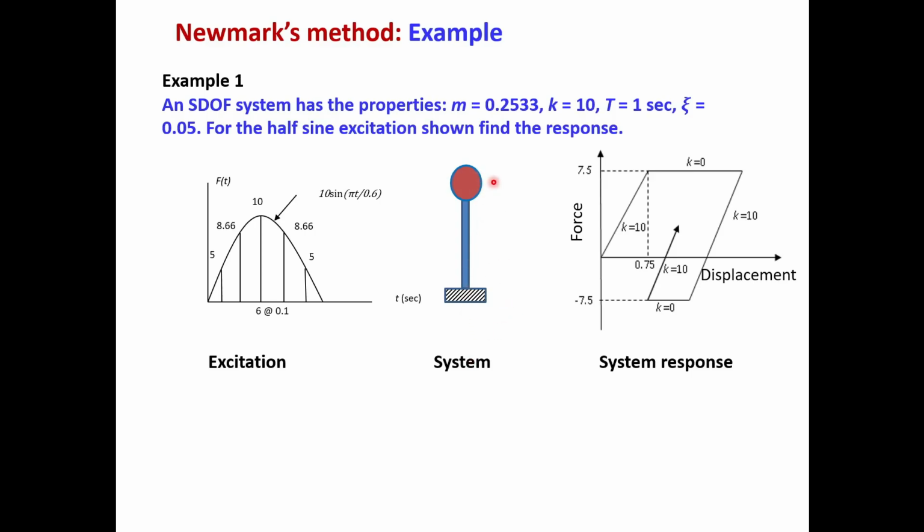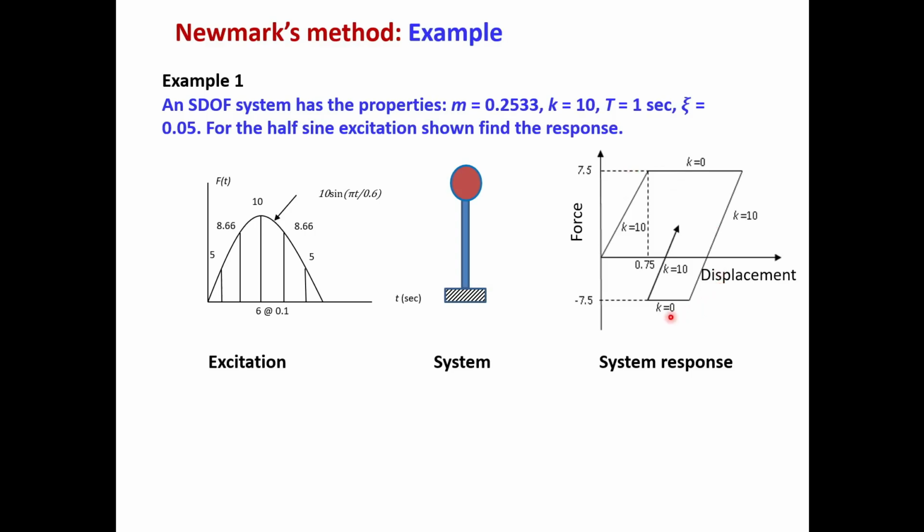We have taken a single degree of freedom system having a mass, a stiffness, and some damping. The values are: mass equal to 0.2533, K equal to 10, time period initially 1 second, and Xi equal to 0.05, corresponding to concrete structures. The units are not given because they should be consistent. You can take any unit, with all the parameters in the same unit.